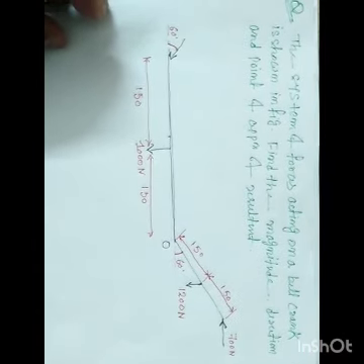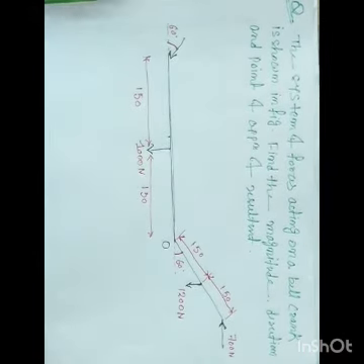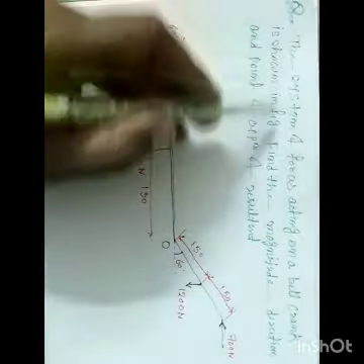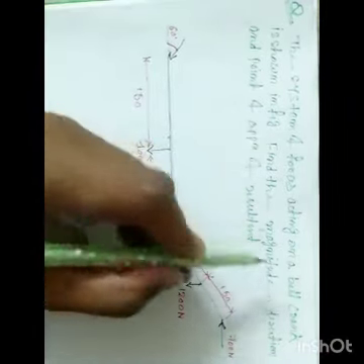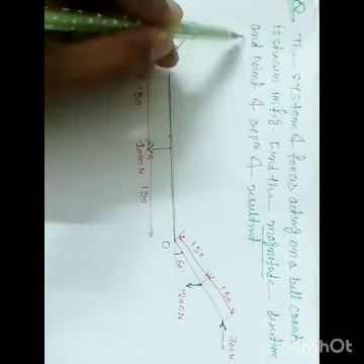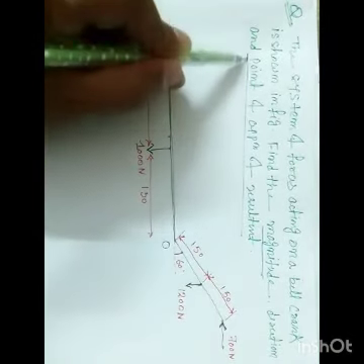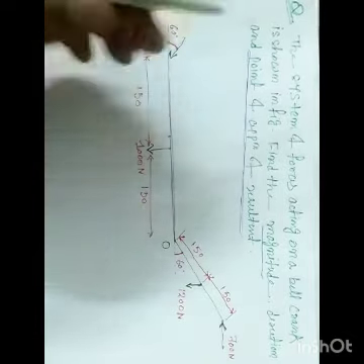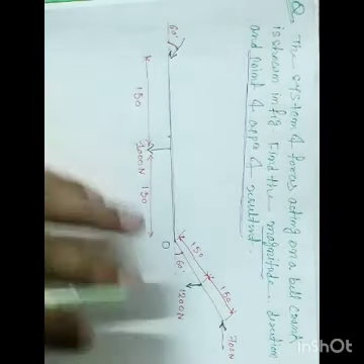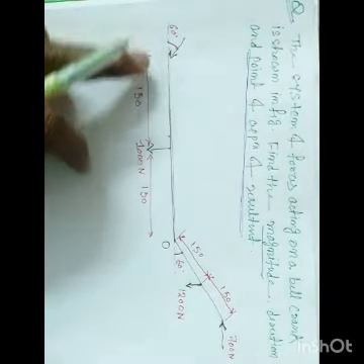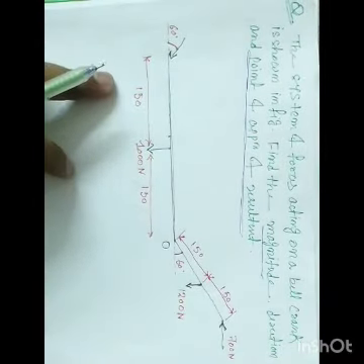We have already written it, and I am dictating it. The system of forces acting on a bell crank is shown in the figure. Find the magnitude, direction and point of application of the resultant. Point of application of the resultant means you find the position of the resultant. If you look at this figure, how many forces are given?